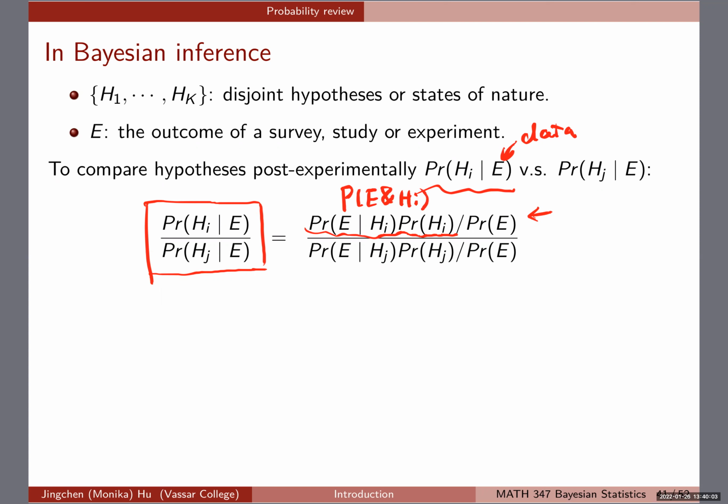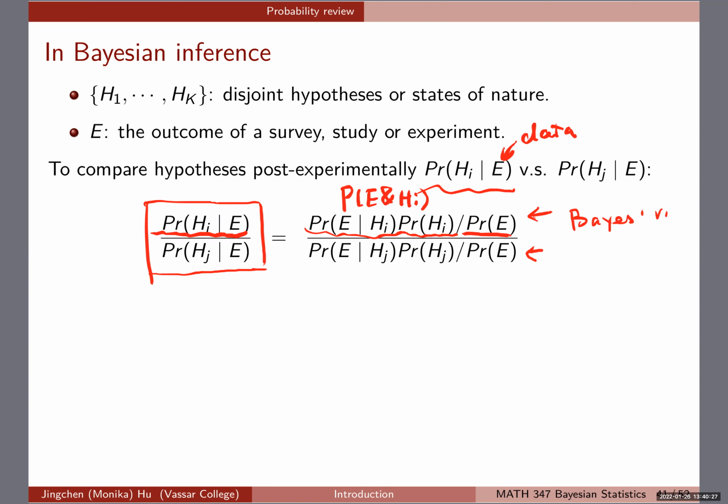This can be written as the product of the marginal times the conditional, divided by the marginal of E, which gives the conditional of HI given E, the posterior, by Bayes' rule. We do that for the denominator as well. Using Bayes' rule, we're able to come to this expression.